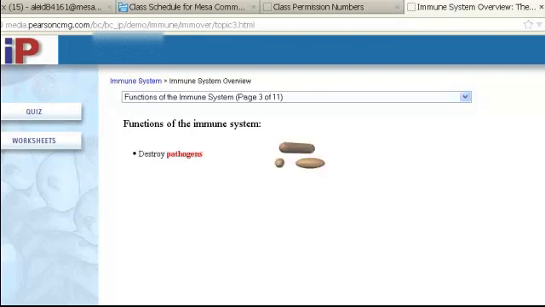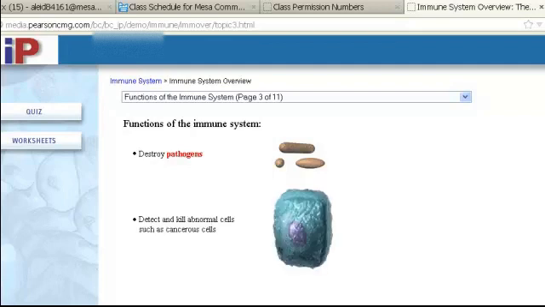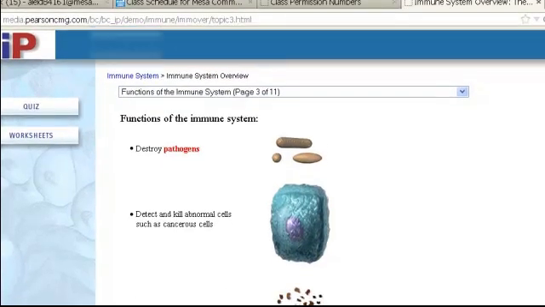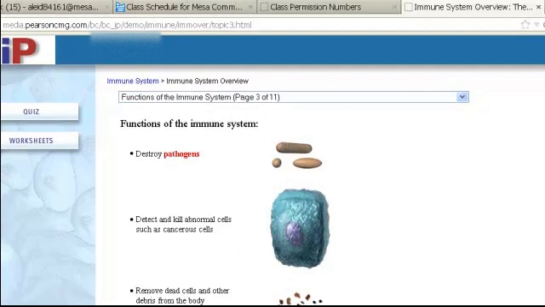Okay, so some of the things that we were discussing last time, you see coming up on the screen now, right? So we were talking about the immune system destroying pathogens, and the pathogens, remember, are the disease-causing agents, right? So it could be bacteria, viruses, and things like that. But a few of the other things that the immune system is going to do is detect and kill abnormal cells, such as cancerous cells.